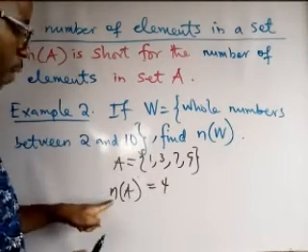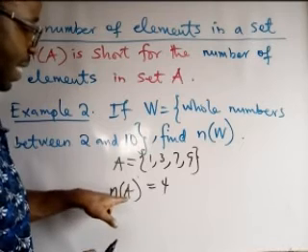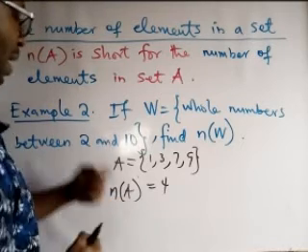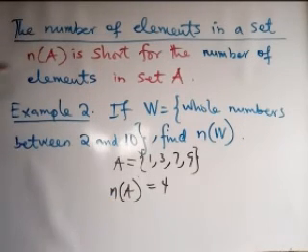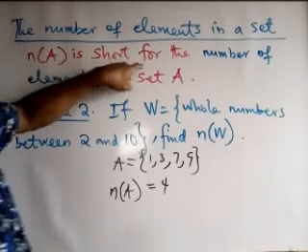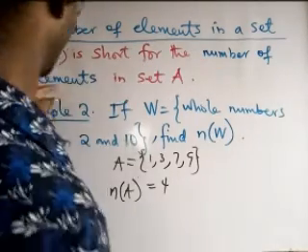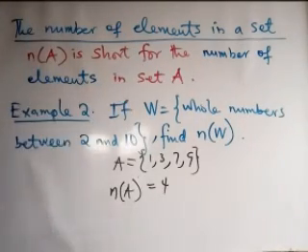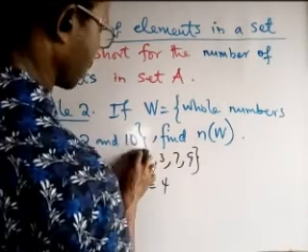So the number of elements in a set is called the cardinality of the set. So n(A) is short for the number of elements in set A, and that's what I just explained right now. So let's take this example.